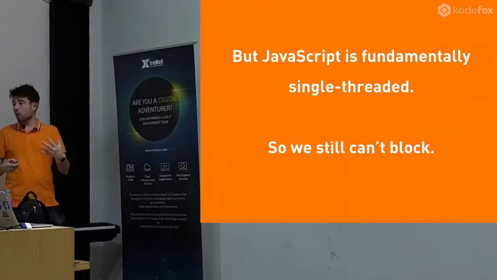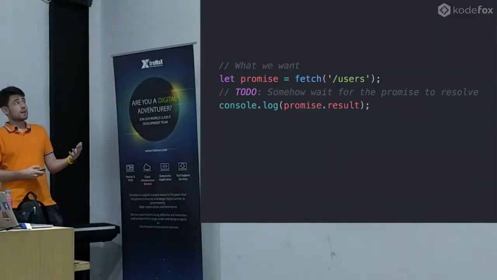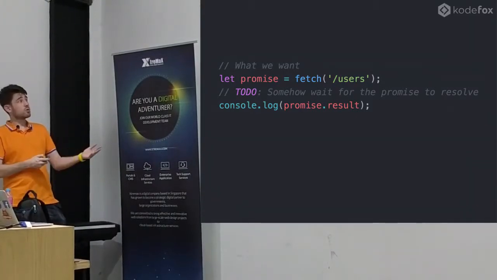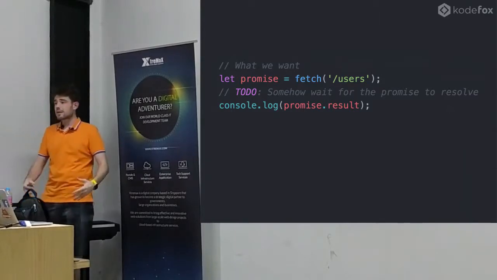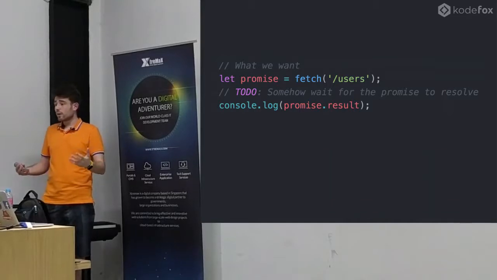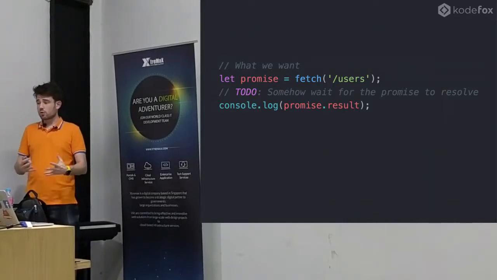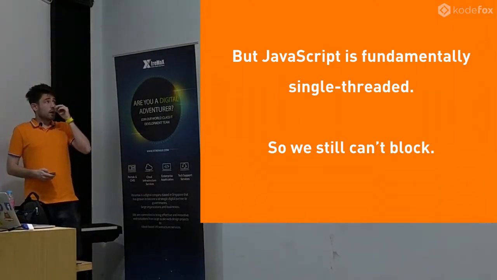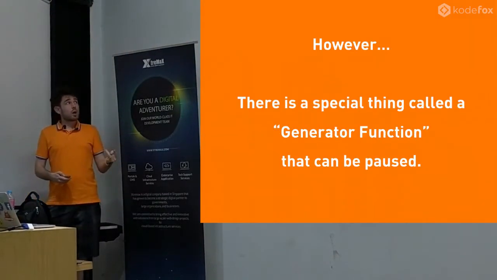So we can't block. What I mean by that is we can't just pause the program right here, wait for the promise to finish, and then resume, because we don't want to block our entire thread, and then you have the same problem as when you use alert, and the whole software is just not doing anything useful.